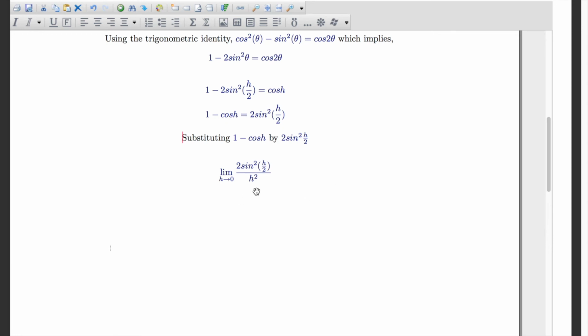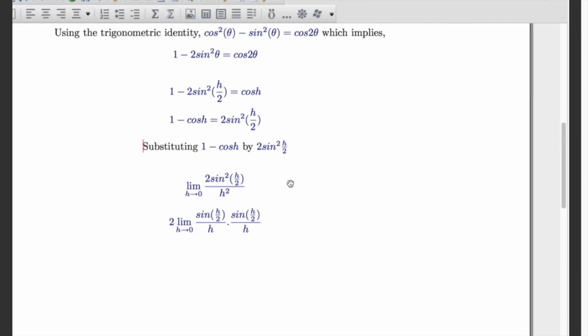But we're still not quite there, because the h by 2 that's within as an angle, we need to try and make the denominator h by 2 as well. So first, we could split sine squared of h by 2 into sine of h by 2 times sine of h by 2, giving us this form. We can pull the 2 out as it's a constant.